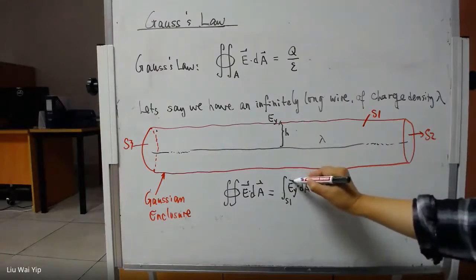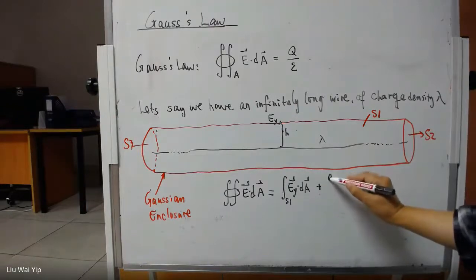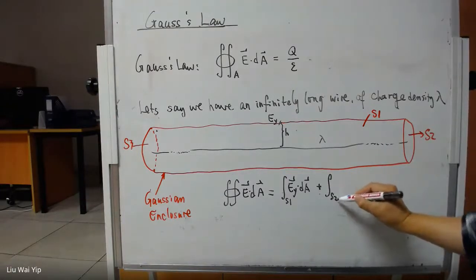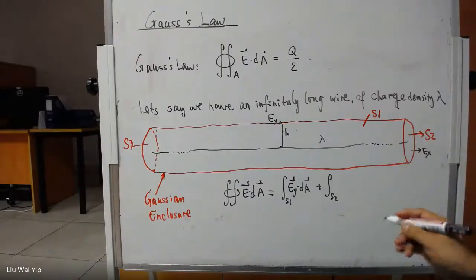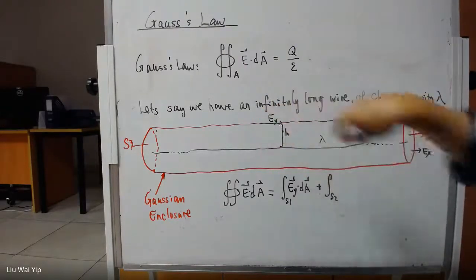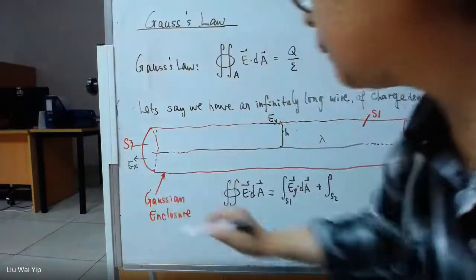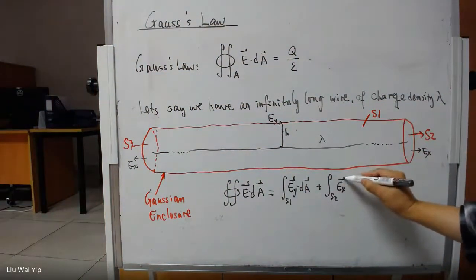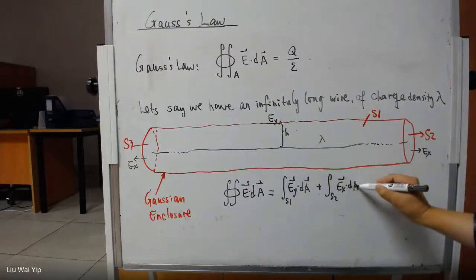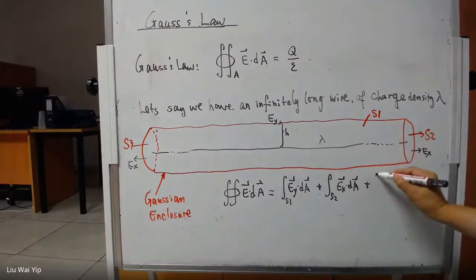So it's going to be a vector, and then the other two surfaces, S2, and let's say you have an electric field component here, and the electric field is going to be EX. The vertical is Y, the horizontal is X. So EX, and we have EX here, and the area, and we are going to have the same thing.